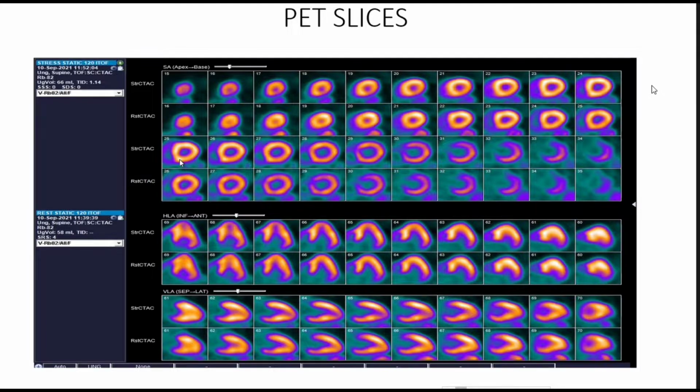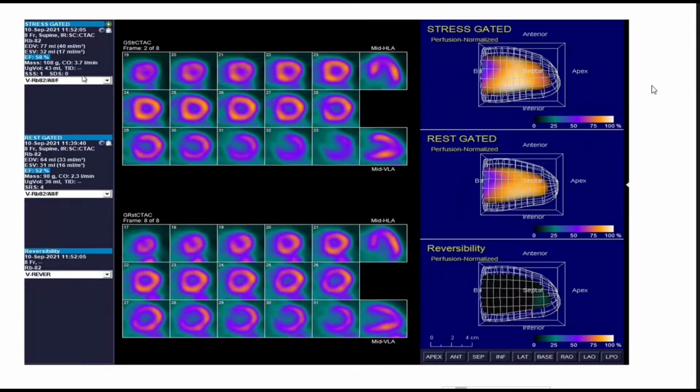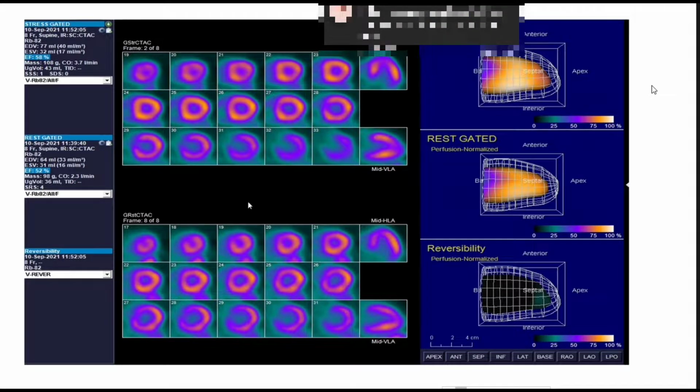Either function is diminished so that you're having more reserve or more blood left in the chamber, or the actual wall thickness due to the amount of isotope has reduced, and so you actually see a larger chamber size, but it is not necessarily a physical change that you're seeing within the chest. So their EF actually augments nicely. It goes from 52 at rest to 58 with stress, which is a normal finding with vasodilator.